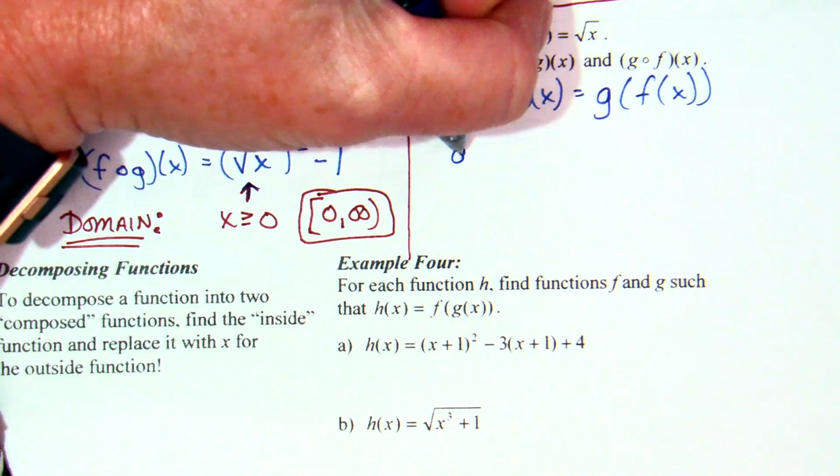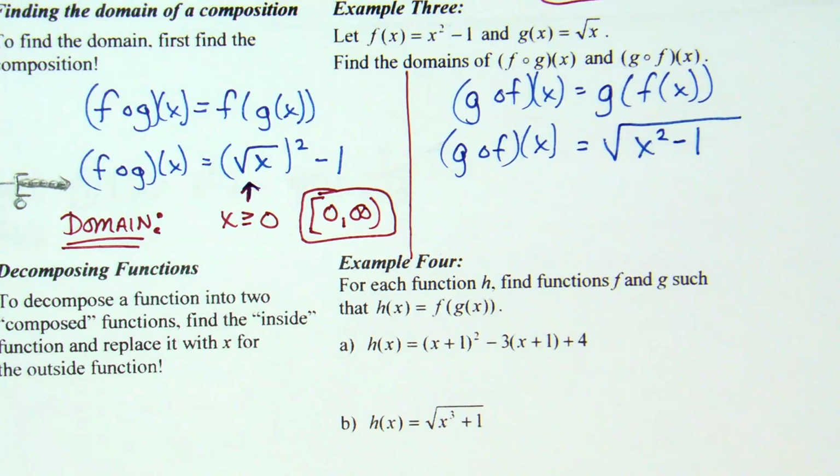Okay, so f gets plugged into g. f, which is x squared minus 1, goes into g wherever the x is. It was square root of x, so now it's going to be square root of x squared minus 1.